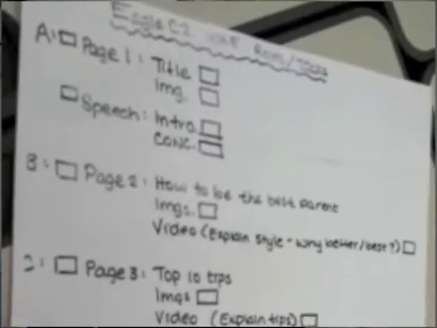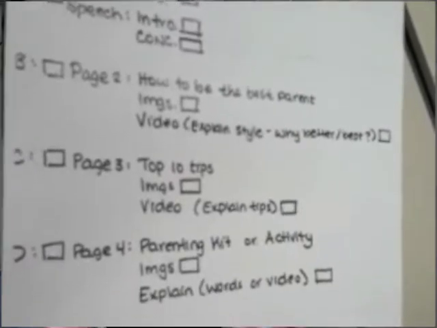I had 4 roles laid out, one for each of the 4 members in the group, and they corresponded to the 4 pages in the magazine. Student 1 would do the title page, intro and conclusion. Student 2 would do the how to be the best parent. Student 3 would do the top 10 tips, and student 4 would do the family activity or parenting kit. And again, there were videos in each of those pages.